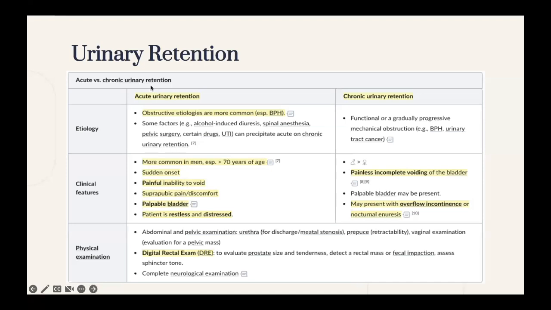A complete neurological exam is also valuable because some syndromes, such as cauda equina syndrome, can cause a form of urinary retention, or a cervical myelopathy can also cause urinary retention. So doing a neurological examination can help find the cause of acute or chronic urinary retention.